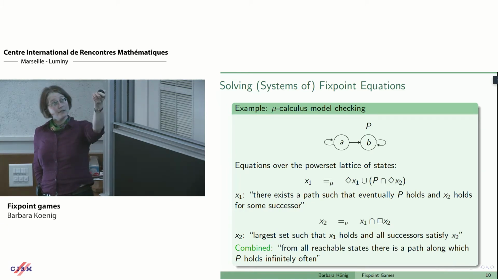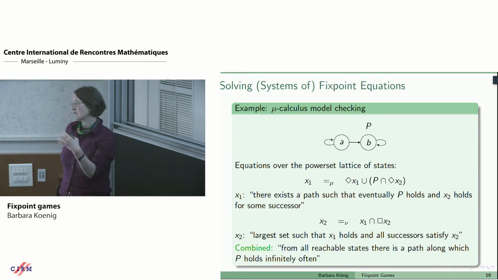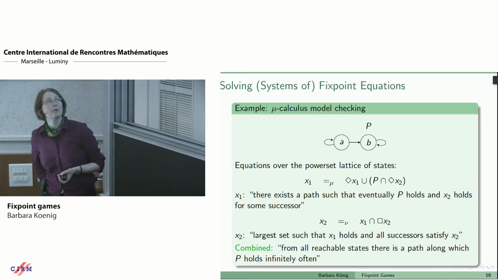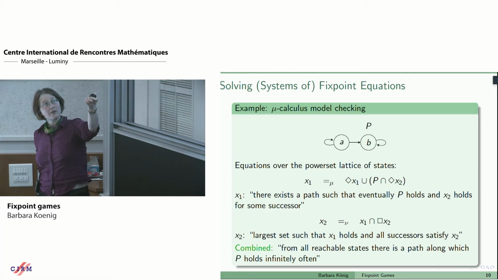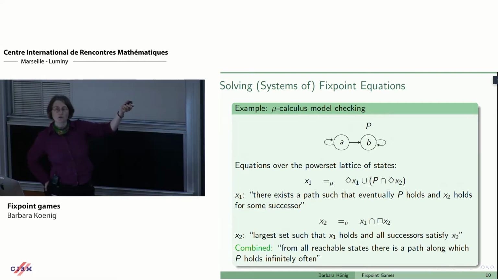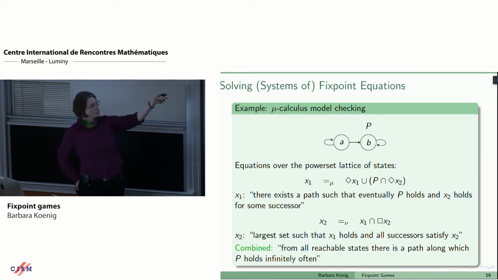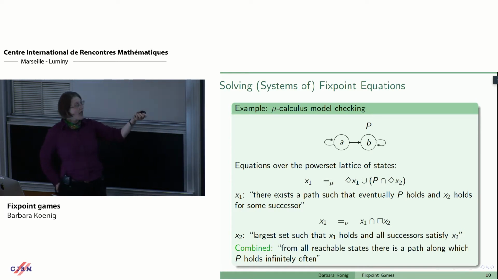It's a least fixed point, so basically it's a kind of reachability property. Here the question is whether there exists a path. This comes from this diamond and this x1, such that eventually, so least fixed point, this has to hold, so that P holds, and for some successor, x2 holds. But what is x2? x2 is the largest set, because it's the greatest fixed point, such that x1 holds for all elements in the set, and all successors satisfy x2.